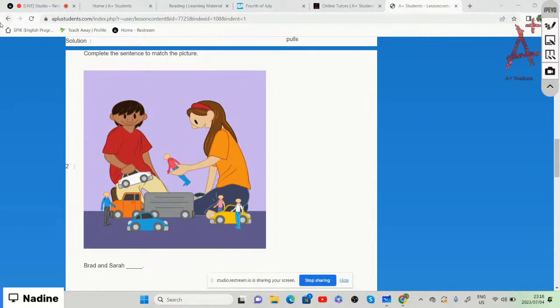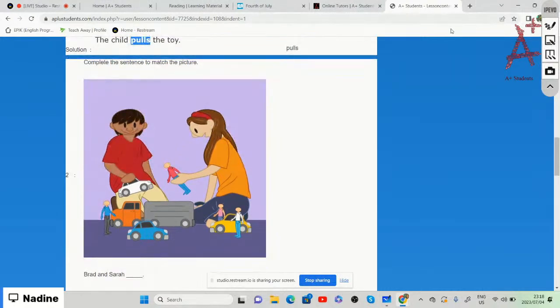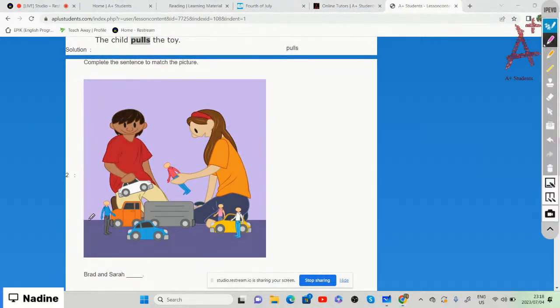All right, so if you say maybe that they play, oopsie. So Brad and Sarah play, that is an action verb. What else do you think shows that they are doing something? Brad and Sarah, what are they doing?